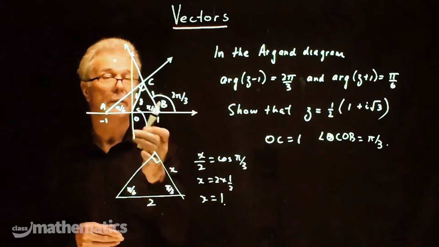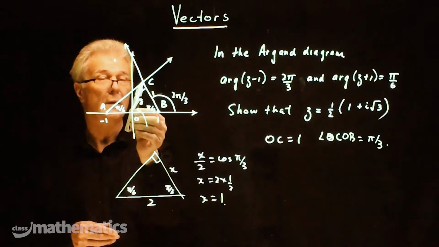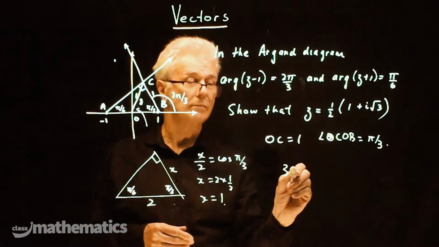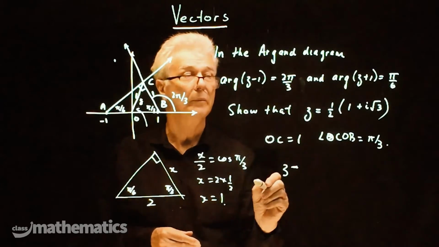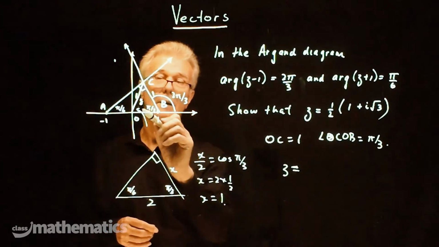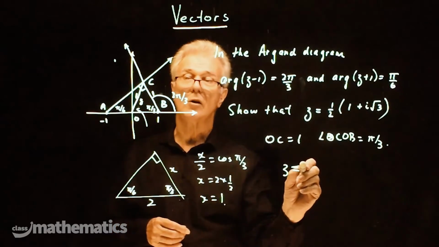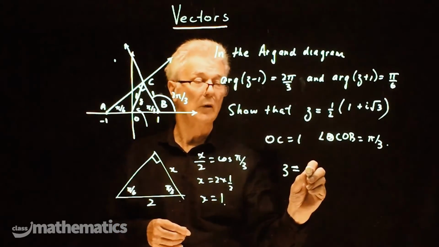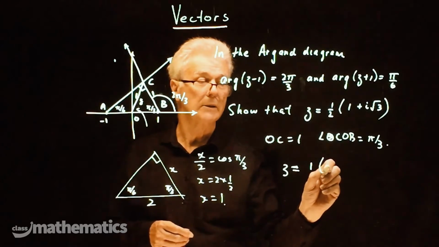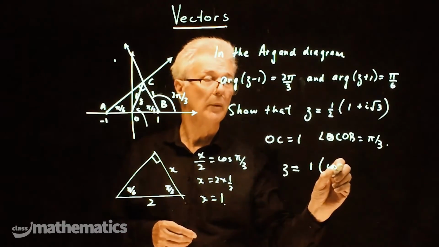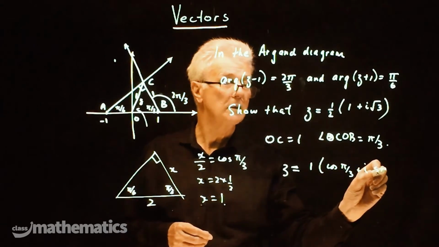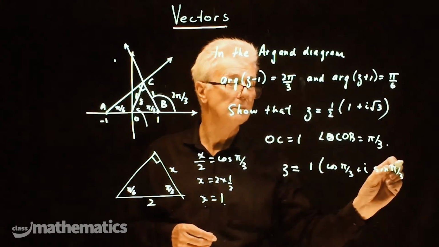So now we have the complex number OC, or Z, is going to be equal to, just using De Moivre's theorem, the modulus of 1, outside of the cos of π upon 3 plus i sine of π upon 3.